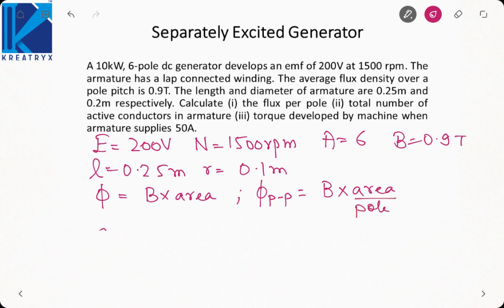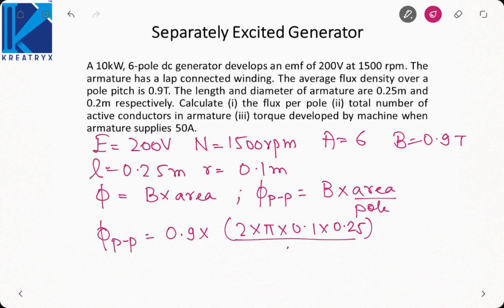So it is 0.9, area will be 2 into pi into r into L, divided by number of poles, which are 6. So how much will the flux per pole come out to be? 0.0235 Weber. Remember, in the EMF equation, whenever we put the flux, it is flux per pole.